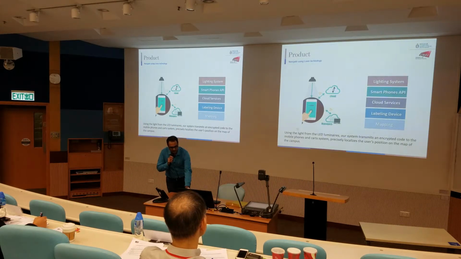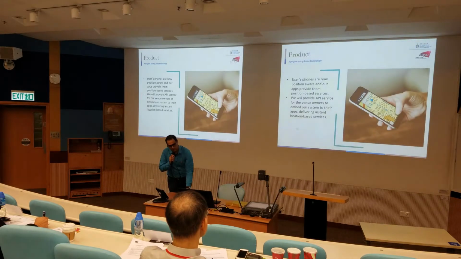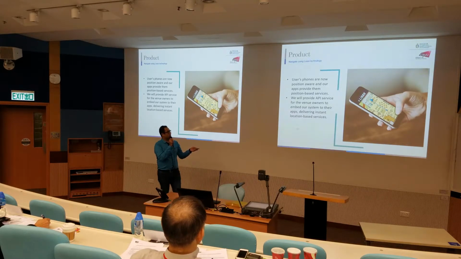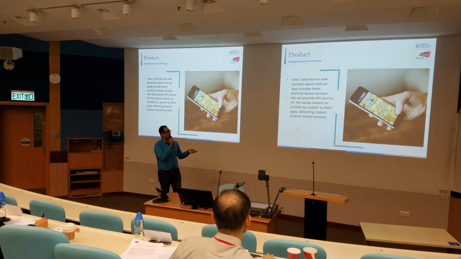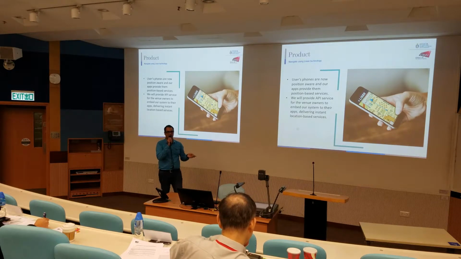So it's a very quick product introduction. After localization, of course the user's phone is position aware, and using our API the venue owner can use this information to optimize their layout if they need any changes.